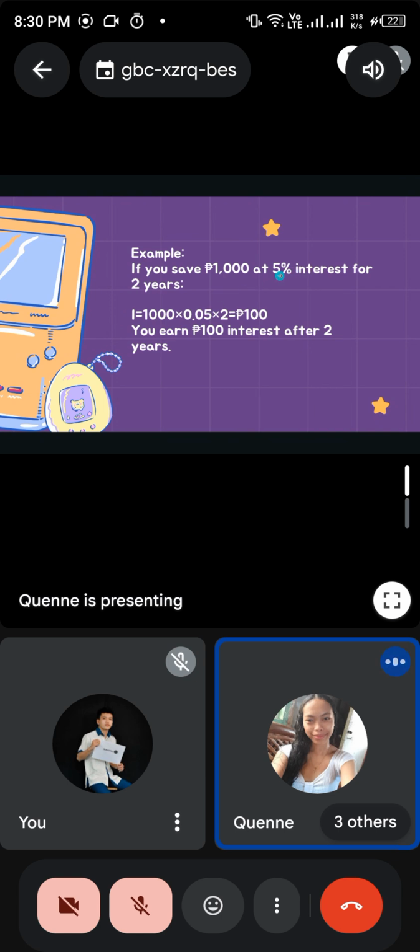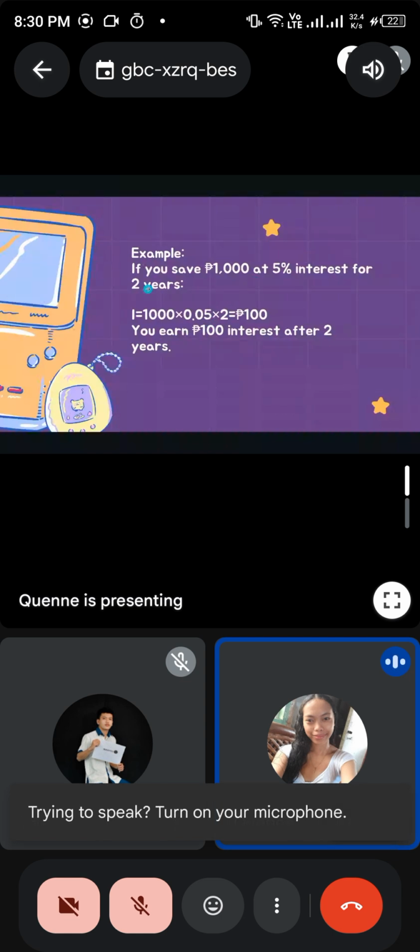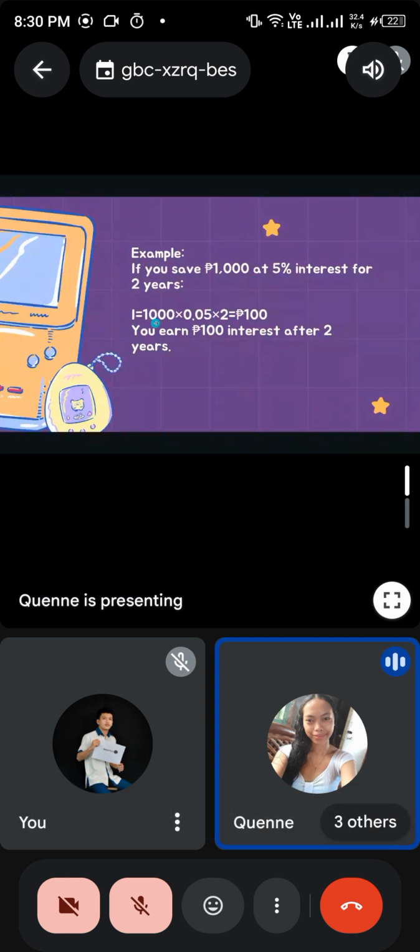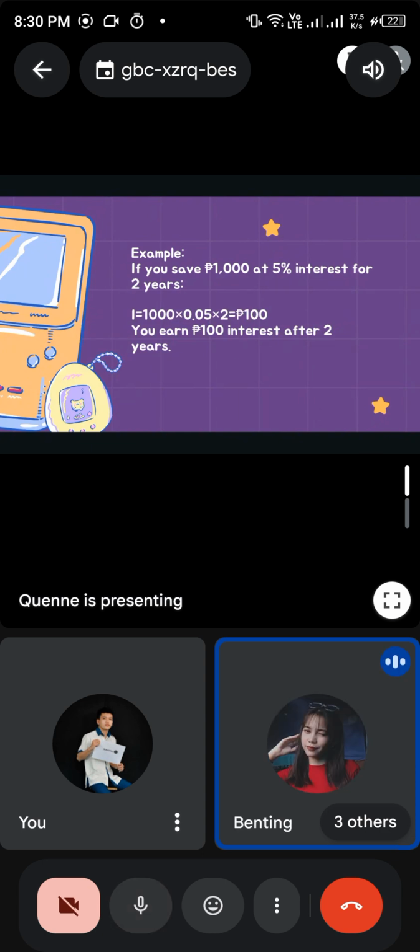What is the decimal of 5%? It is 0.05. We multiply it by our 2 years. 1,000 times 0.05 times 2 equals 100. So we earned 100 interest after 2 years, right? Yes, ma'am.